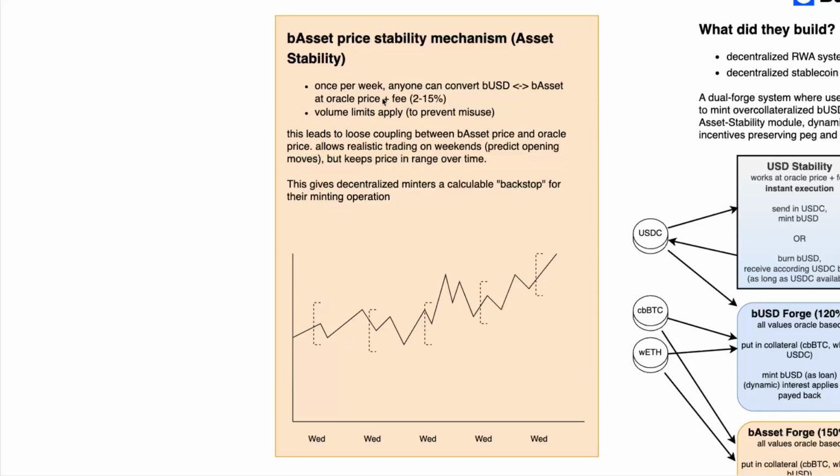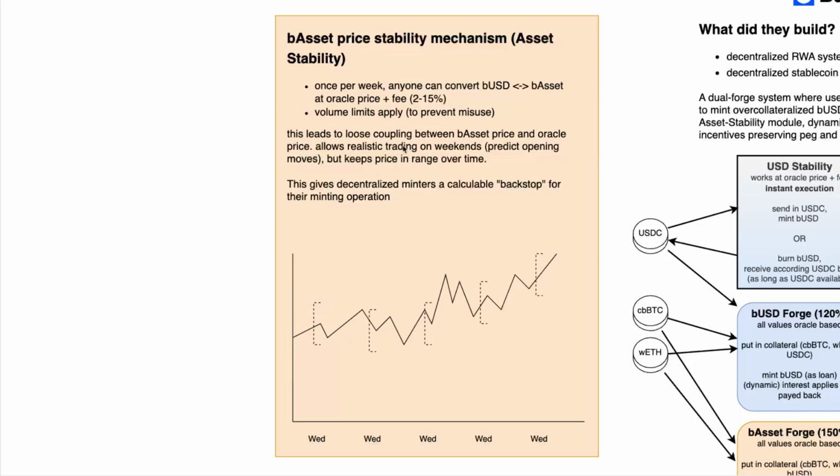But this conversion at Oracle price plus fee is what keeps the prices in check or gives enough conviction or enough certainty to decentralized minters, who then provide the actual arbitrage and the actual backing for the system.